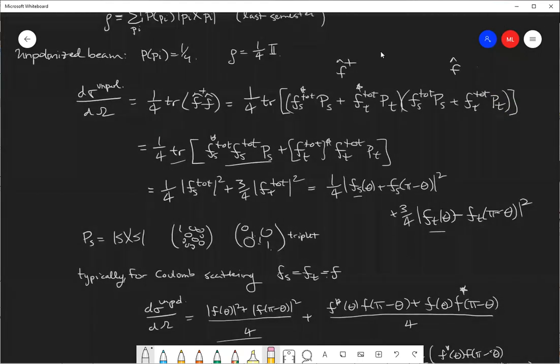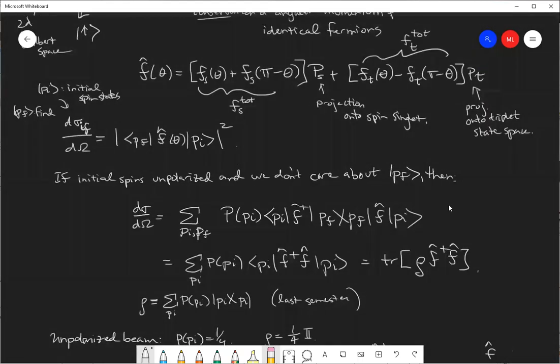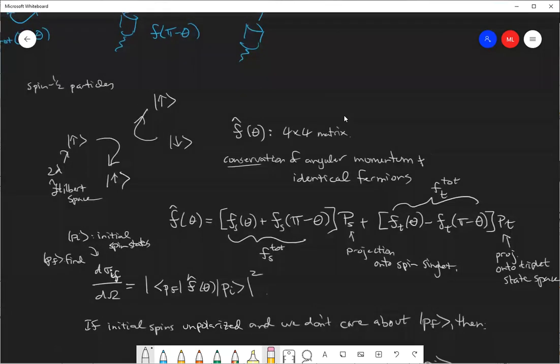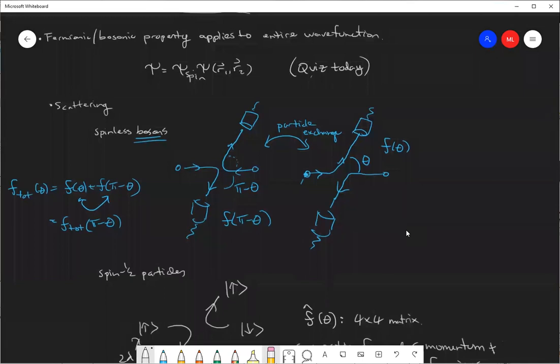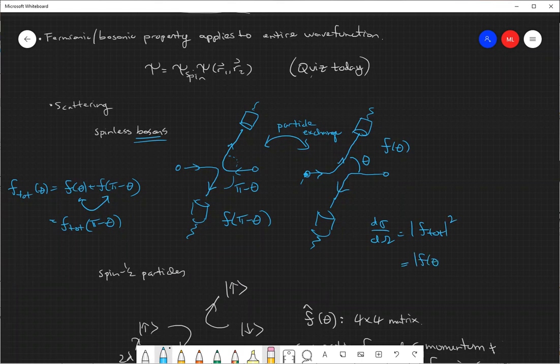If you have spinless bosons, which is over here, what would you get here for the spinless bosons? d sigma d omega is, of course, this thing squared, which would be f(theta) squared plus f(pi minus theta) squared.